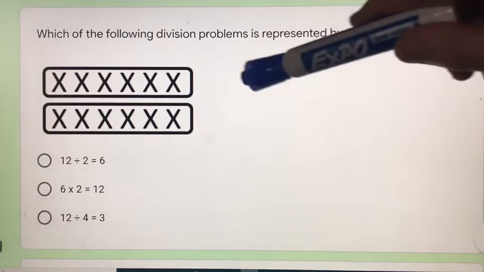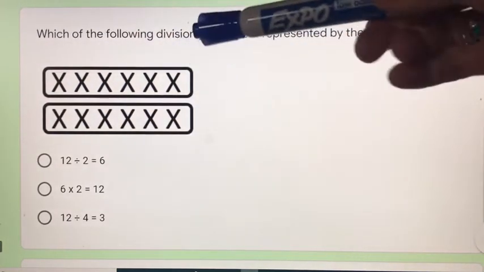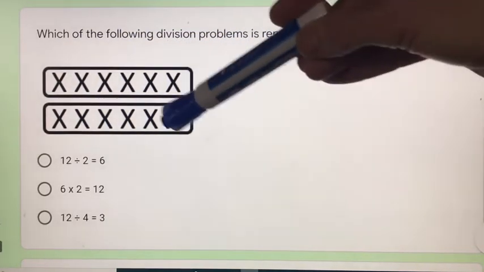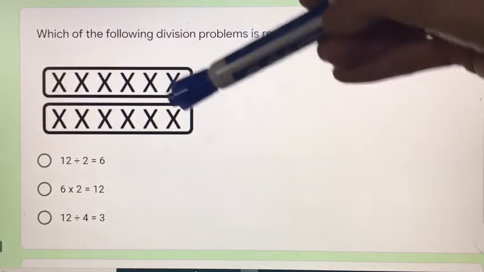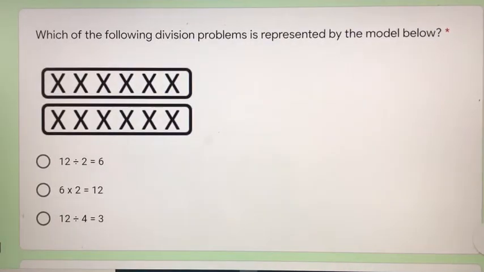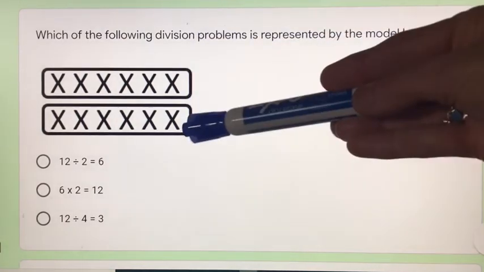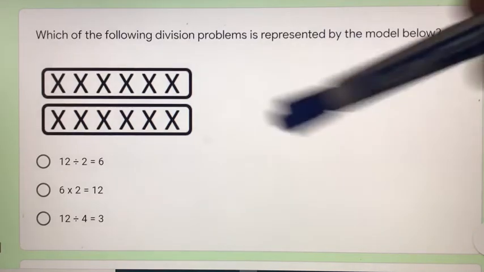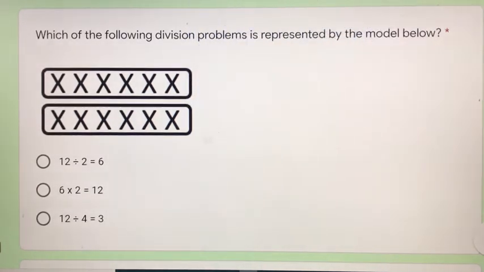So I look to see how many total I have. I have 1, 2, 3, 4, 5, 6, 7, 8, 9, 10, 11, 12, or 6 and 6 is 12. I have 12 total. If you look, it's grouped into 2 groups. So I need the numbers 12 and 2, and each group has 1, 2, 3, 4, 5, 6 x's in it.